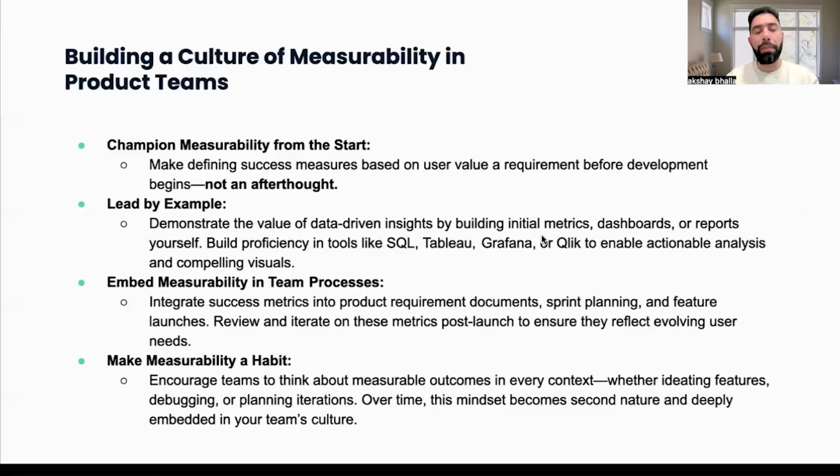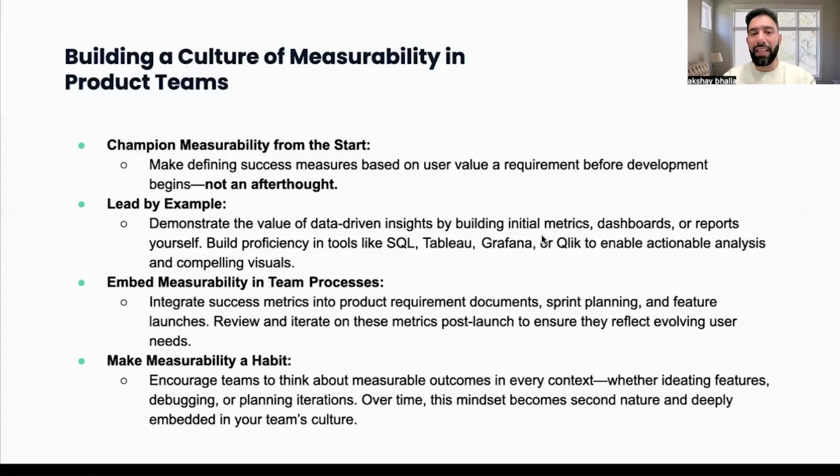For example, if you're shipping an onboarding flow, let's say defining success specifically as 80% of the users should complete onboarding within the first 24 hours, right? Post launch, revisit that data and iterate and improve the results over time. That gives you a benchmark on where you started and where you want to go and how the journey looks in between.